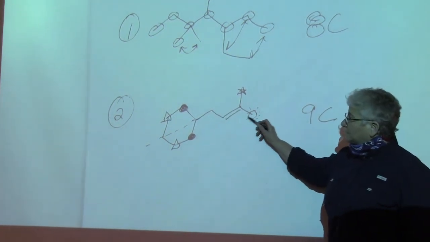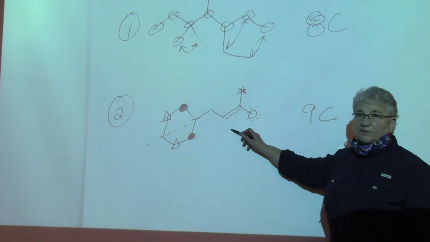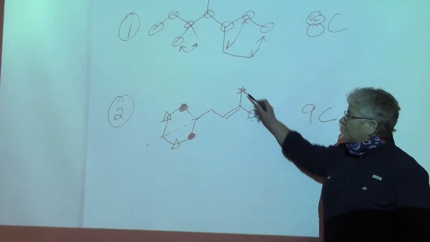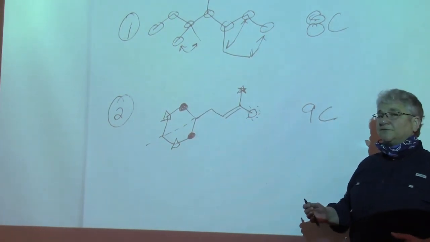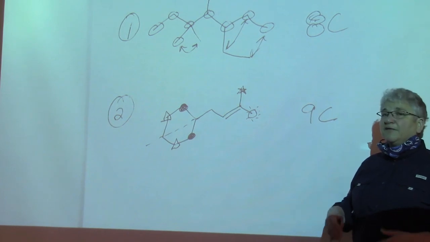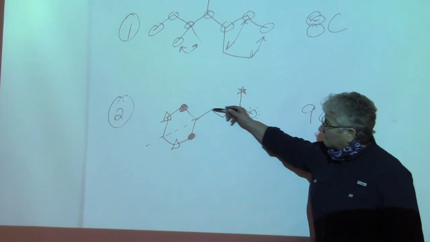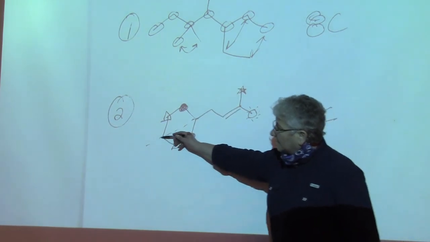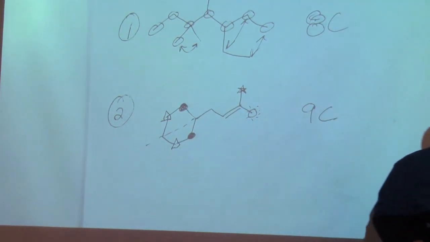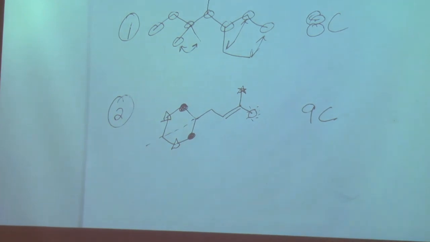This methyl group is always going to be cis to the hydrogen. And that makes the environment around those two carbons different from each other, different enough that they will show up as different peaks. So 1, 2, 3, 4, 5, 6, 7, 8, 9 different carbons in this molecule. All right, that was your C13 refresher.